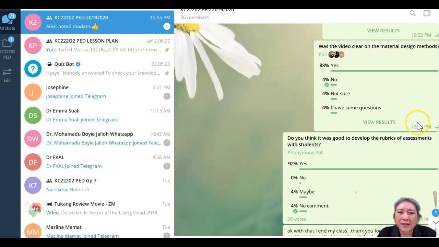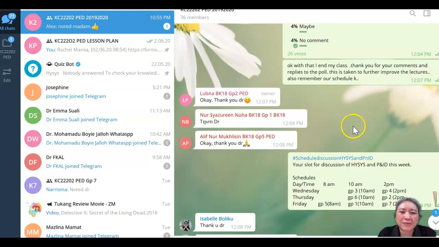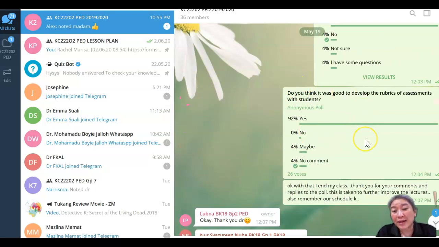So far they've given this feedback. Was the video clear, and the material? Do you think it was good to develop rubrics for assessment? For one of the assessments, I developed the rubrics with them and discussed what the important points are, for them to take on board. I hoped most students in the class would go through the voting system.